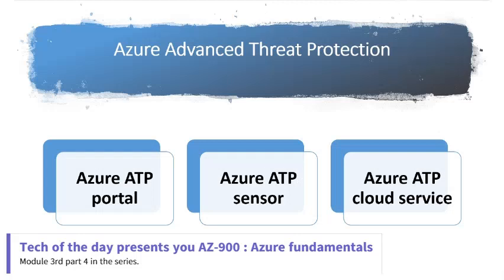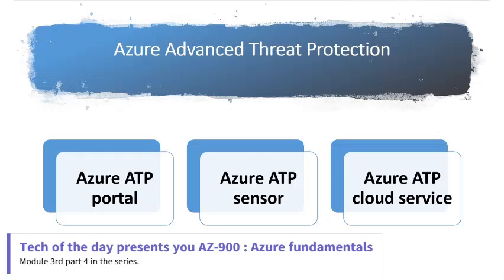Then you have Azure Advanced Threat Protection (ATP). It's a cloud-based security solution that identifies, detects, and helps you investigate advanced threats, compromised identities, and malicious insider actions directed at your organization.